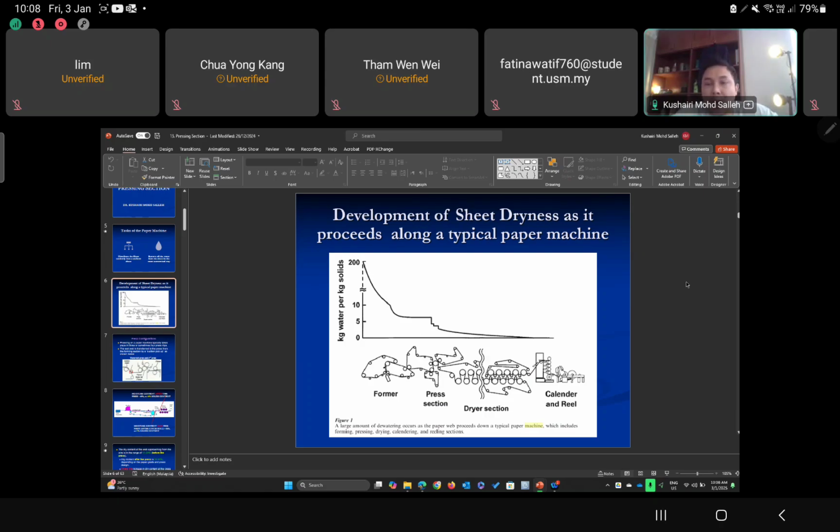When we want to remove the water through evaporation, it requires a lot of energy. So instead of using evaporation, it's good for us to remove the water mechanically. That's why we have the press section.